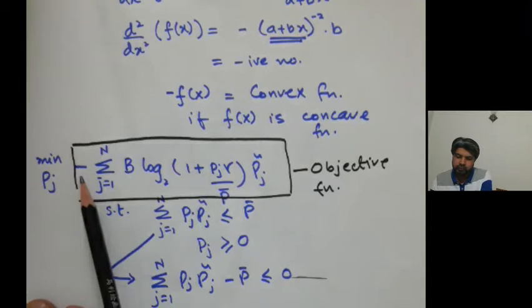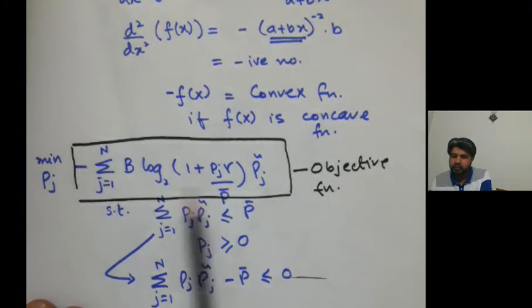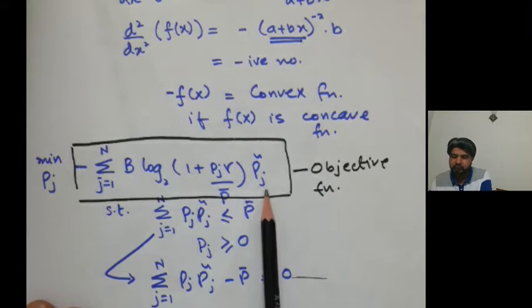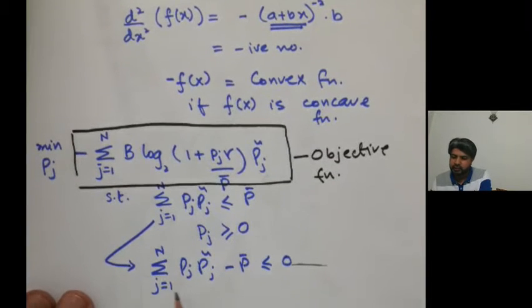Because that was a maximizing function, to write it in standard form we multiplied it with a negative sign to get our objective function, and then we have a total average power constraint, that is, the total average power must be less than or equal to P bar, and we brought P bar here so that we can bring this constraint in the standard form as well.